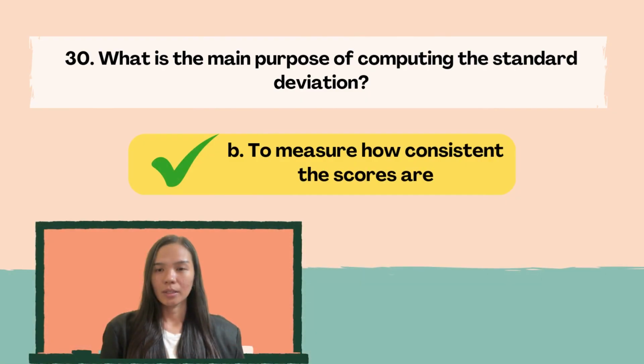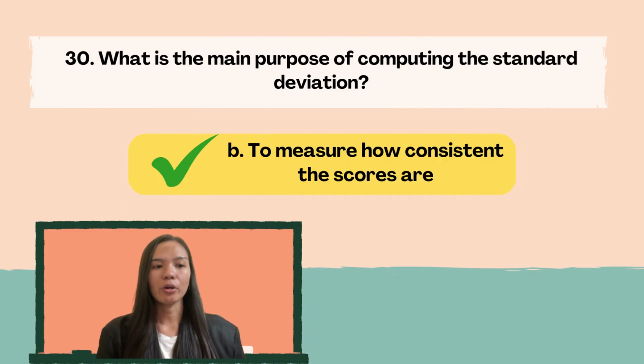So the answer for number 30 is letter B, to measure how consistent the scores are. The standard deviation is used to see how much the scores vary or differ from the mean. It helps teachers and researchers know if the data is spread out or clustered together. When the standard deviation is small, it means most of the students perform similarly, and their scores are close to each other and consistent.